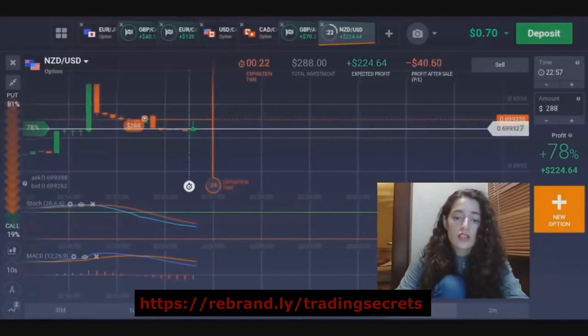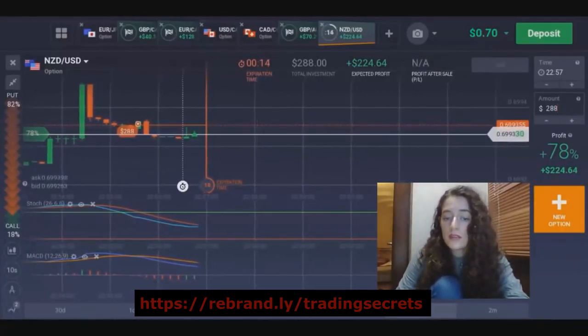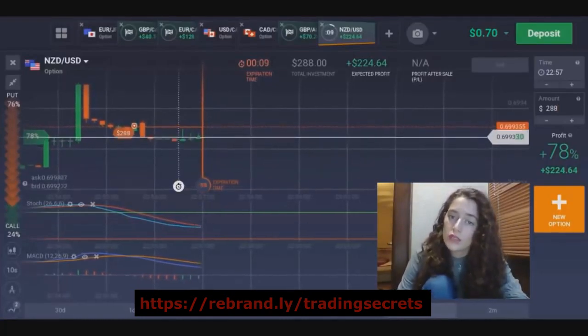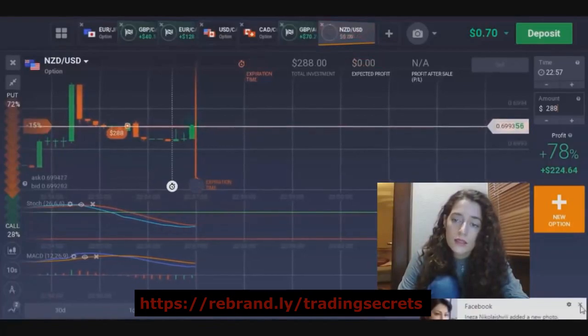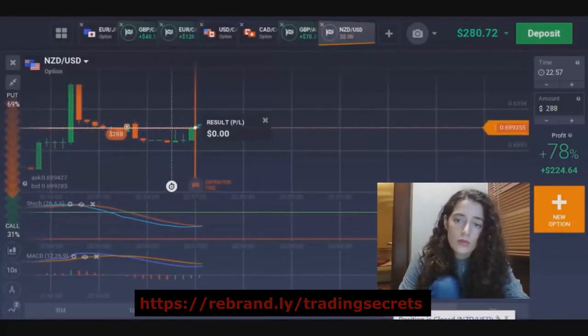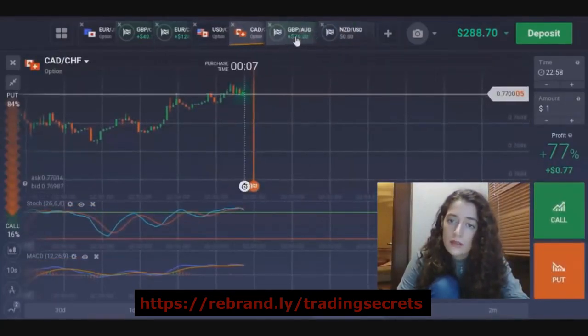So it's a trend following indicator. This indicator is well suited to identify entry and exit points. So it also provides corresponding signals in the beginning and in the end of the trend.